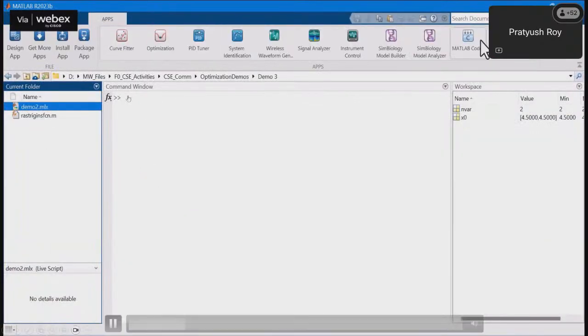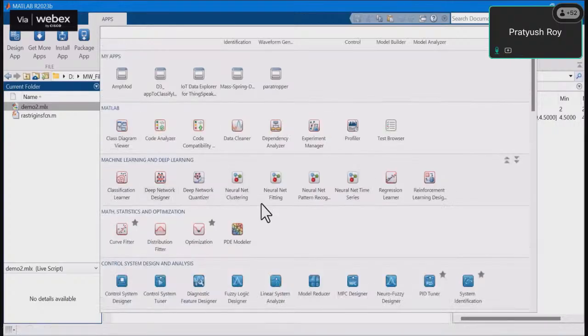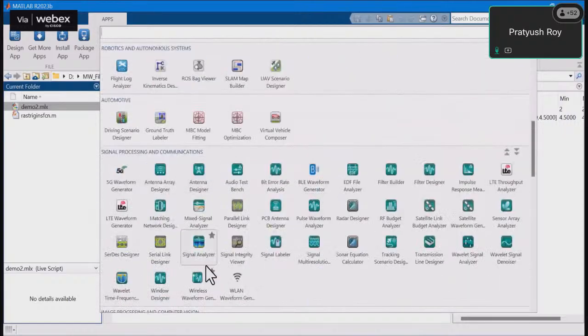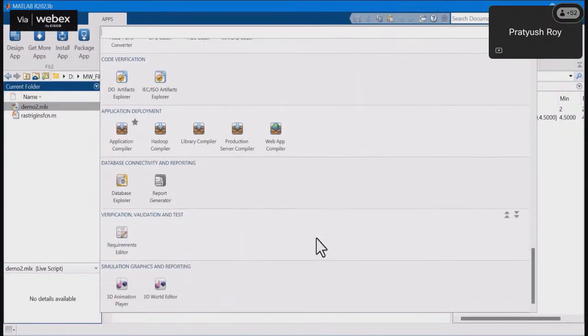Now what I'll do is I have this app called, under the app section, you have multiple apps. So it will be MATLAB based, math and stats based. I already chose, I mean, there are things related to optimization as well.